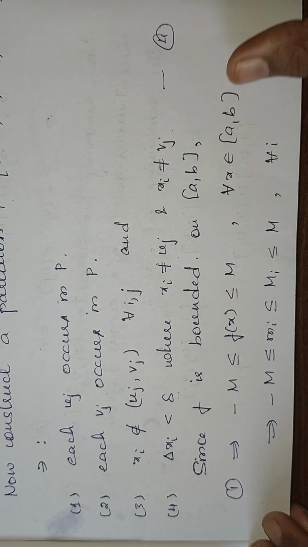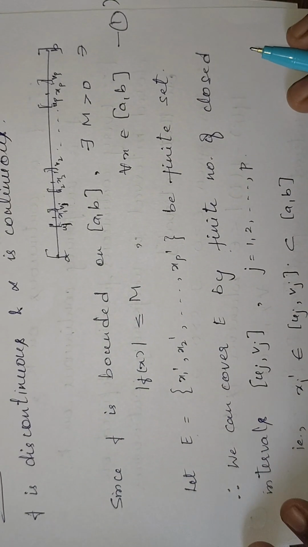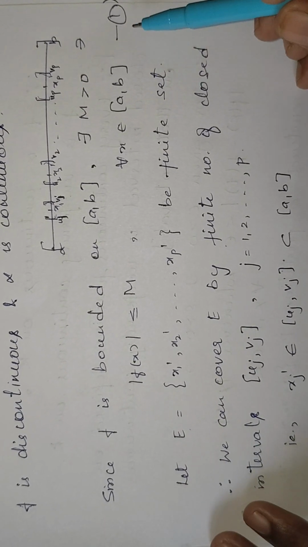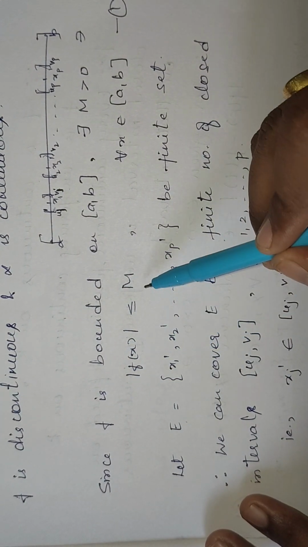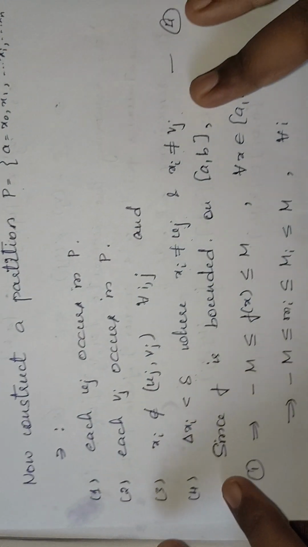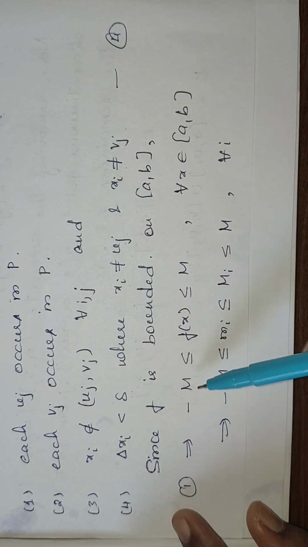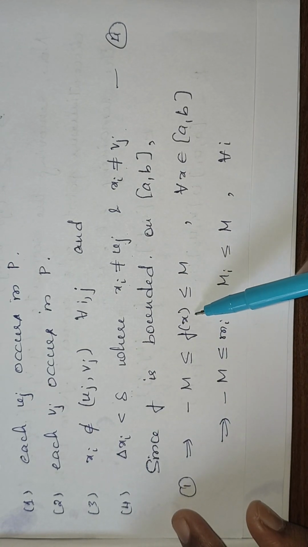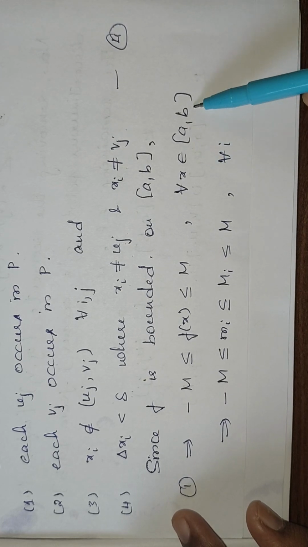What is 1 actually? See, this is 1. Since f is bounded, mod fx is less than or equal to m. So actually this is 1, and I am using that now. Okay, see here, 1 implies minus m less than or equal to fx less than or equal to m for all x belonging to closed interval ab.